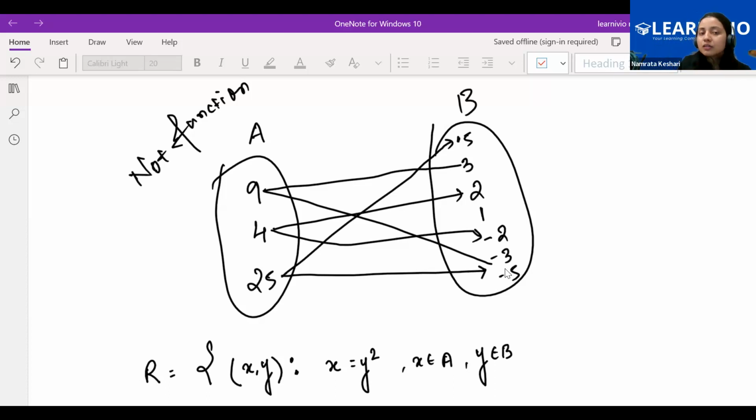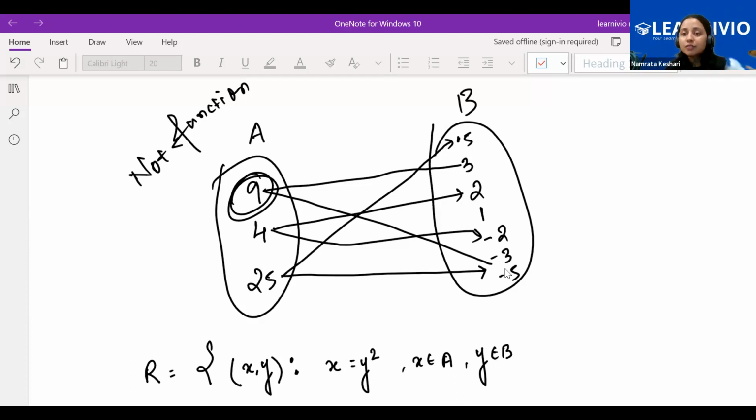You are pressing on or off on the switch, and two different things are happening. It is not possible. Let's say we turn on one switch, and the light is on and the fan is also on. It is not possible. One element cannot generate two outputs. If it is generating, it can be a relation, but it is not a function.